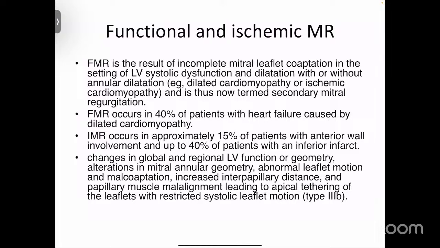The pathophysiology of ischemic mitral regurgitation can be attributed to changes in left ventricular geometry and alteration in the annular geometry and abnormal leaflet motion or malcoaptation, along with increased interpapillary distance and papillary muscle alignment, leading to apical tethering of the leaflet with restricted leaflet motion.